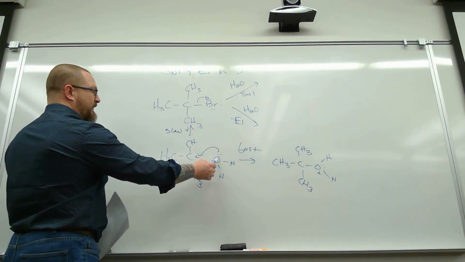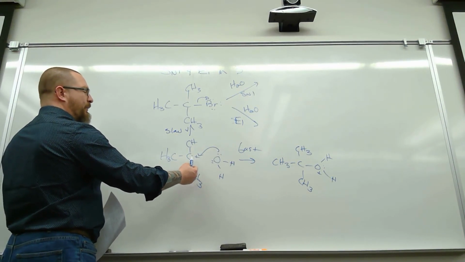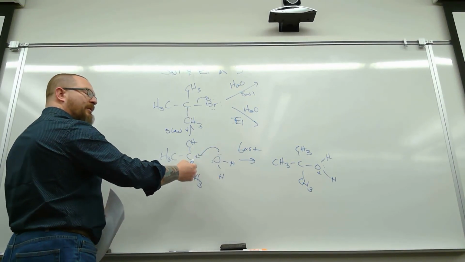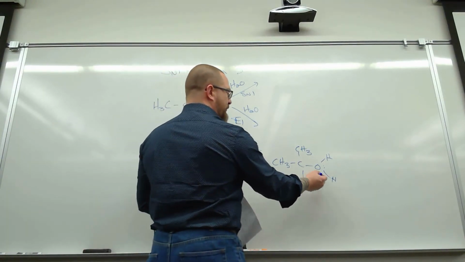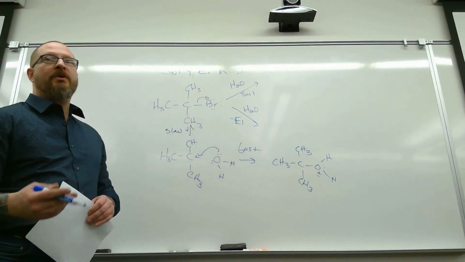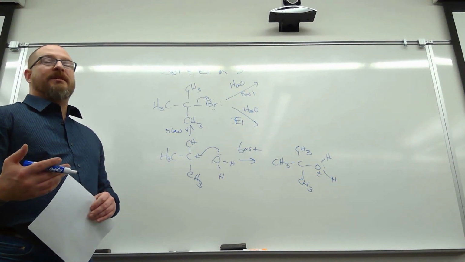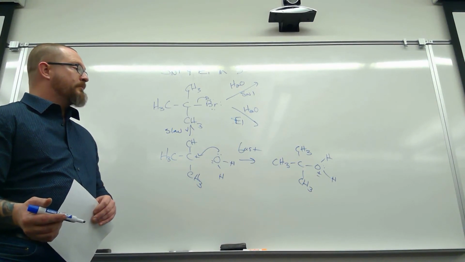This pair of electrons is coming over to satisfy this positive charge. However, this was neutral before it gave up its electrons, so now the positive charge is transferred to the oxygen. Oxygens are not particularly happy in this case.